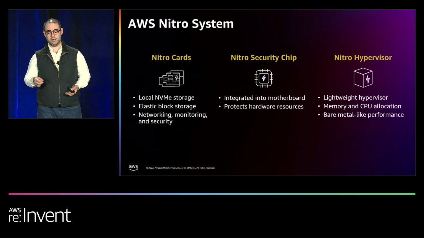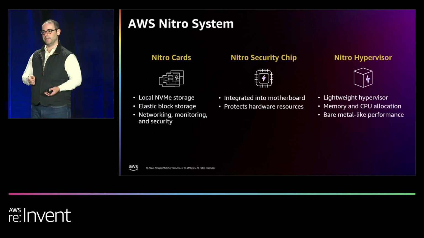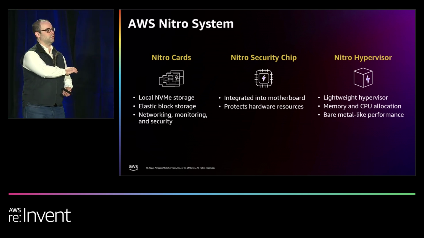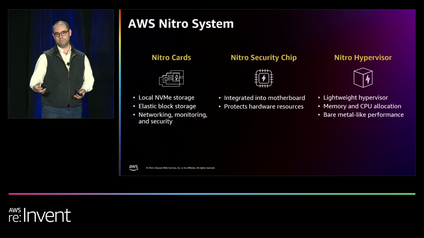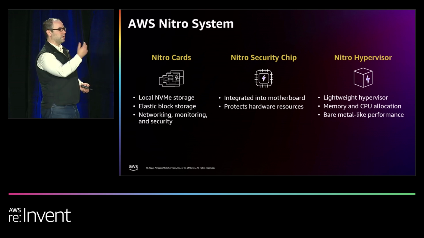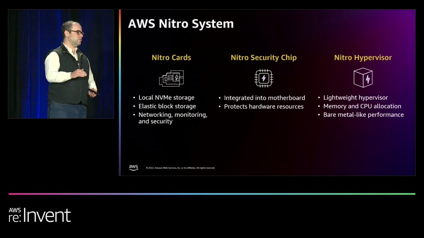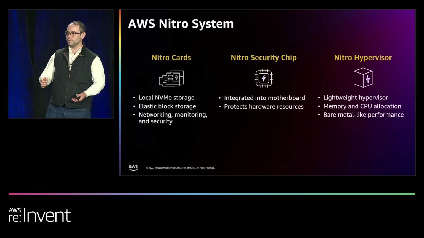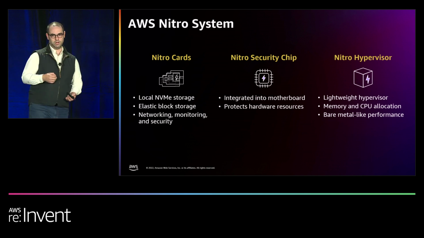Secondly, and very, very critically, the Nitro security chip plays a very important role at system boot up time. The security chip is able to allow the Nitro controller to extend its root of trust into the system mainboard, validating all of the components, all of the non-volatile storage, all of the firmware on the system at initialization time to ensure that each component is approved and unmodified in state before the system is allowed to ever handle a customer workload.